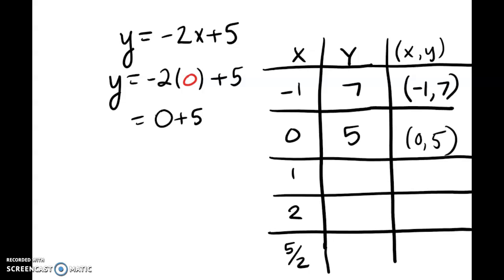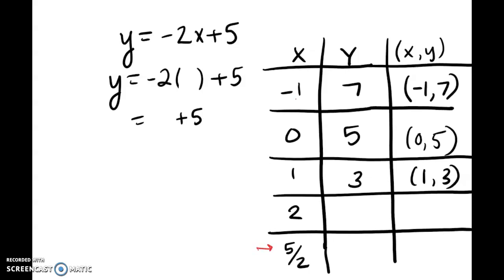So I'm just going to finish completing this table. Putting in now 1. Negative 2 times 1 is a negative 2. And a negative 2 plus 5 gives me 3. And I can see with a linear equation that if my numbers are spaced out, each of these from x, they go up 1, except for this one.